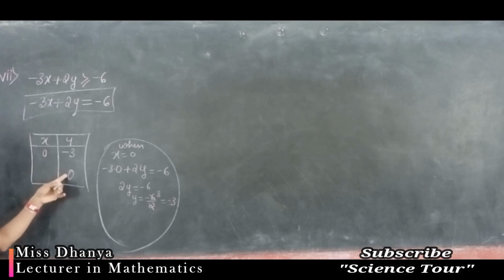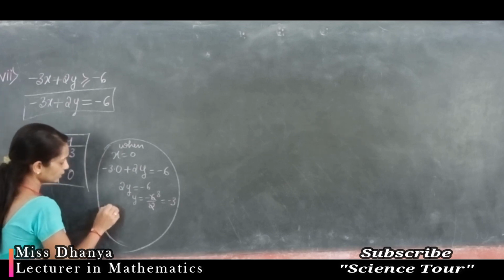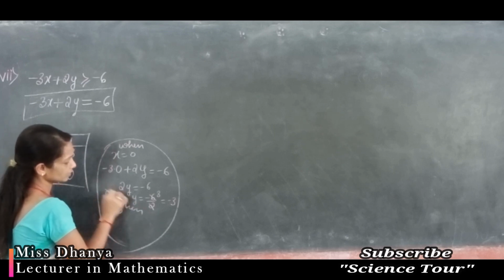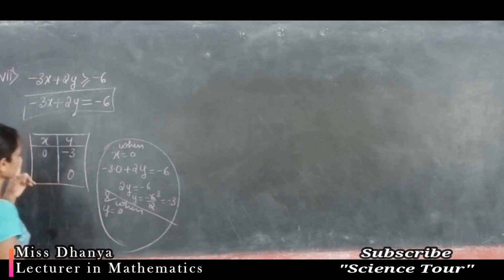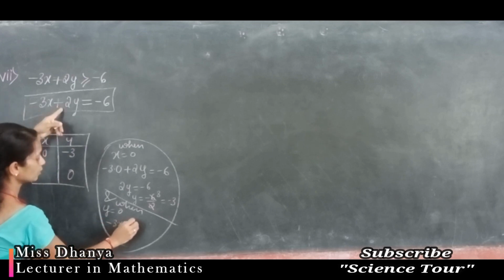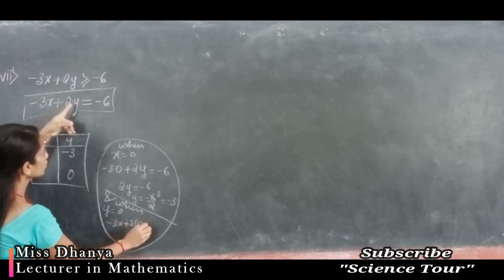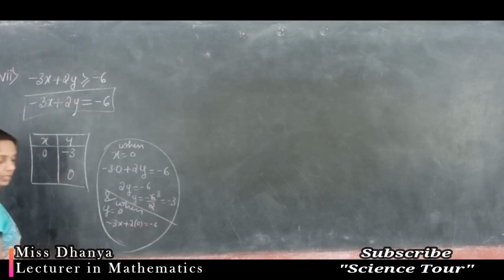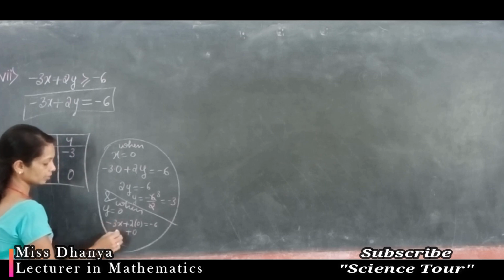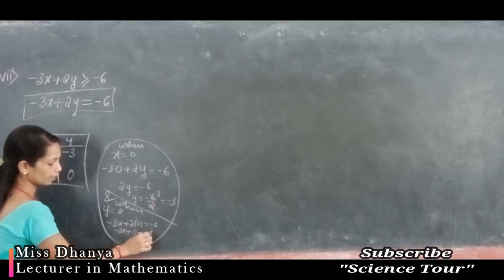Now we take y is equal to 0. When y is equal to 0, what do we get in this equation? Minus 3 into x plus 2 into 0 is equal to minus 6. 2 into 0 is 0, plus minus 3 into x, that is minus 3x, is equal to minus 6.